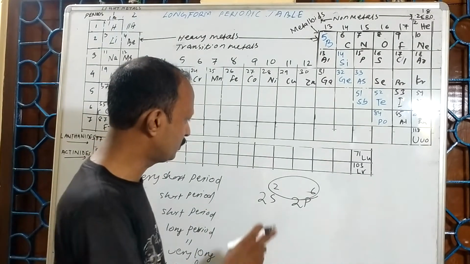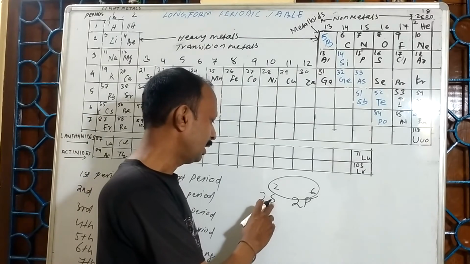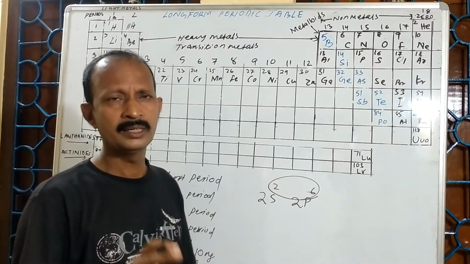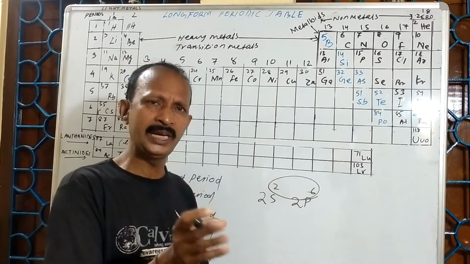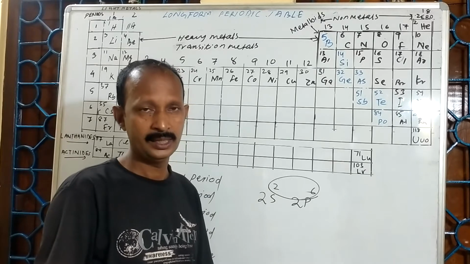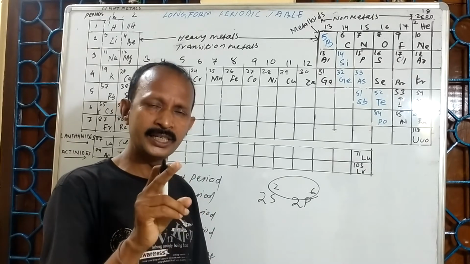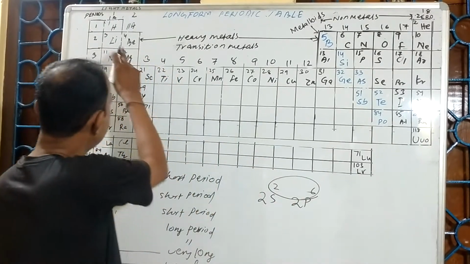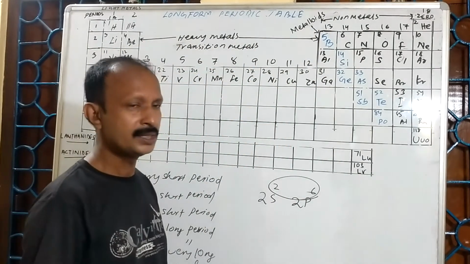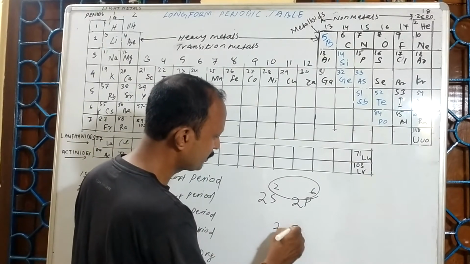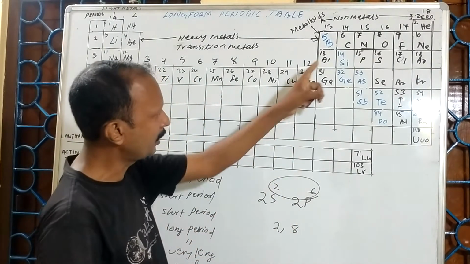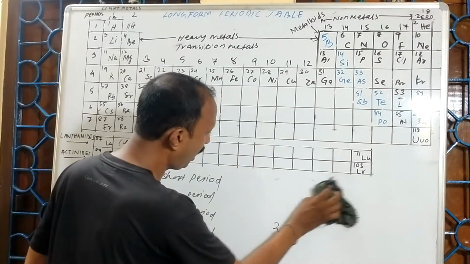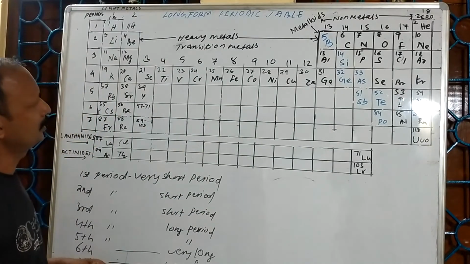For CBSE students, subcells s and p are not explained. That's why I said that the maximum number of electrons in any of the cells will decide the number of elements in that period. Since the first cell is 2, the second cell is 8, it contains 8 elements. Let us consider the third period.